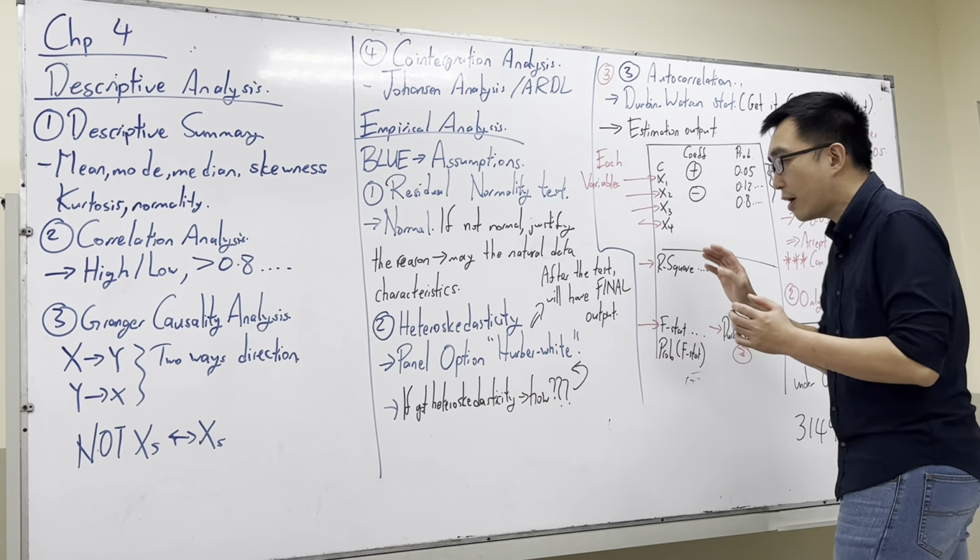This can be 0.01 or 0.1, which means significant at 1%, 5%, or 10%. If you want more variables to analyze, the minimum is 0.1, 0.05, 0.01. This one is 1 star, this one is 2 stars, this one is 3 stars.